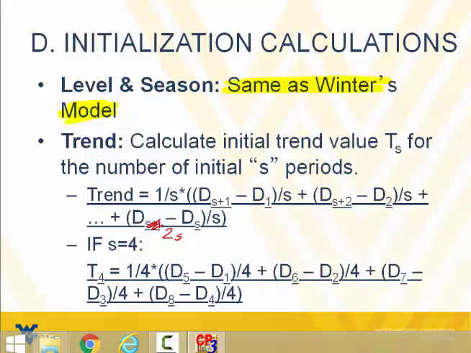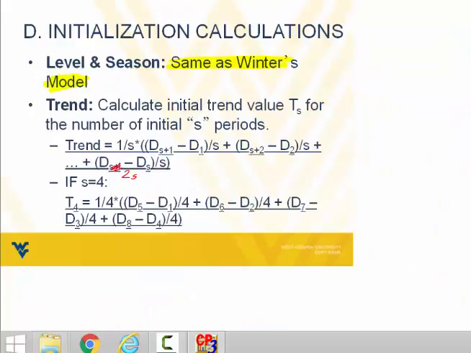So this trend calculation is exactly the same as the initialization for the trend with the Holt model, with one important difference, where now instead of a capital N moving average, we use a lowercase s moving average.